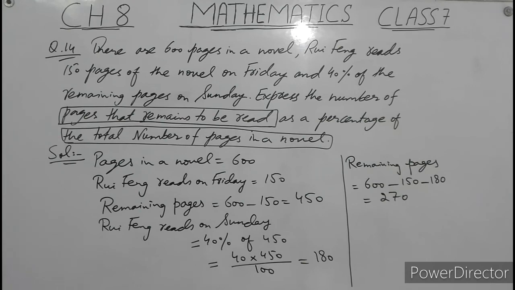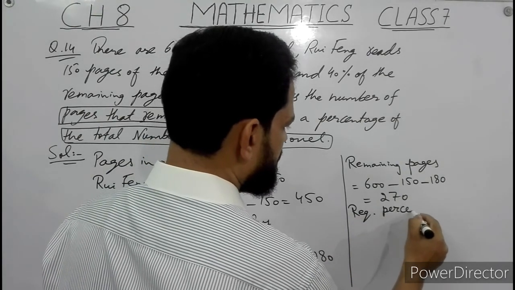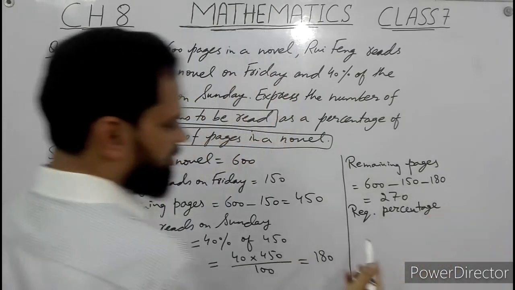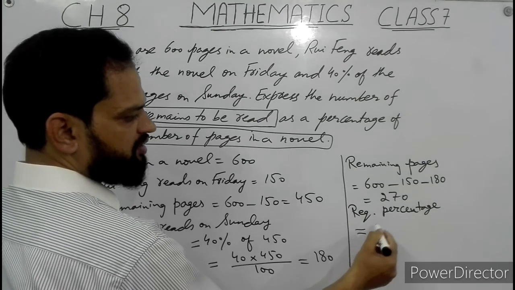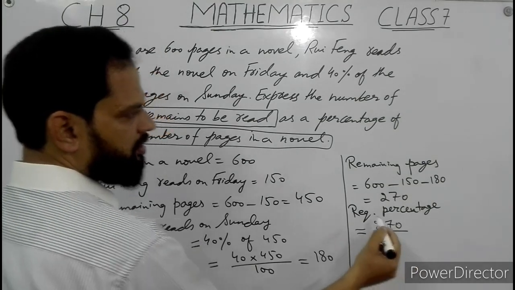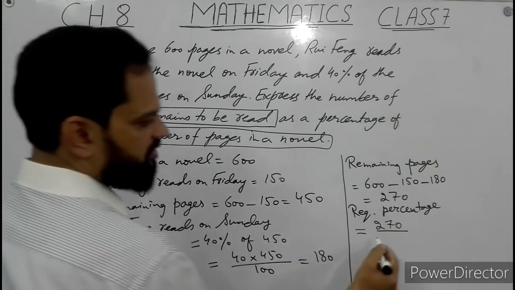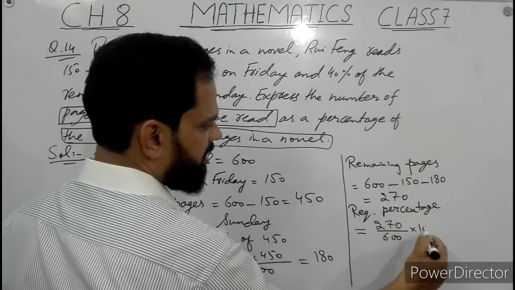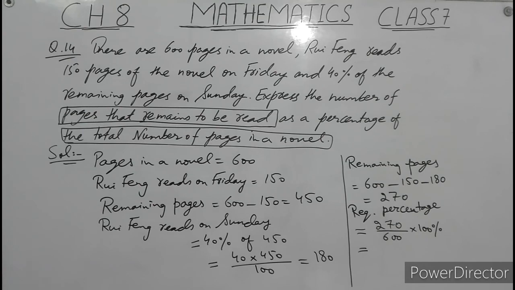Now we have to find its percentage. So required percentage: write 270 as the numerator because we have to find its percentage of the total number of pages in the novel, 600, multiplied by 100%. By using calculator, it will become 45%.